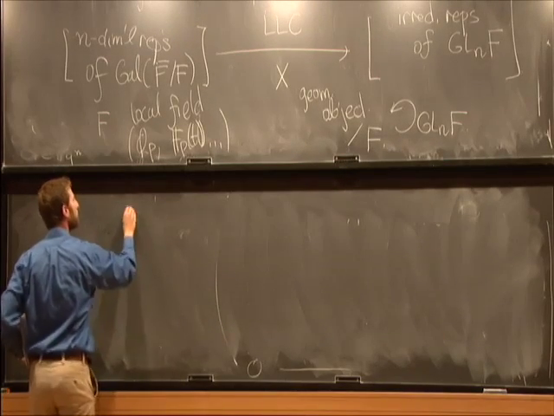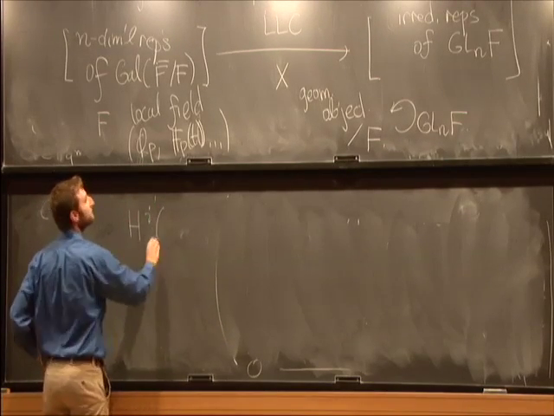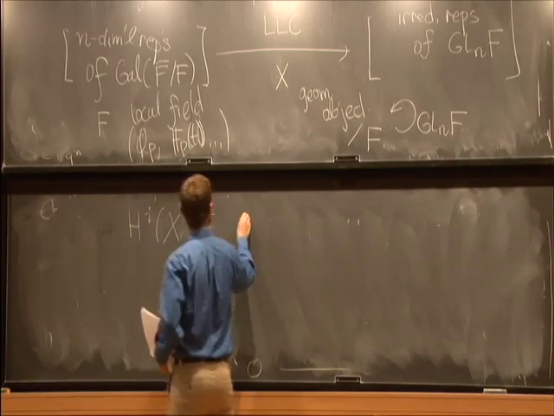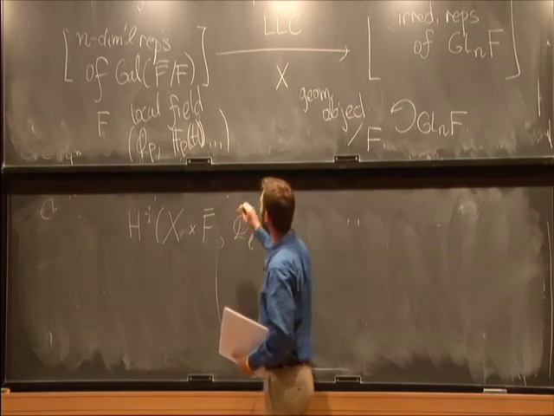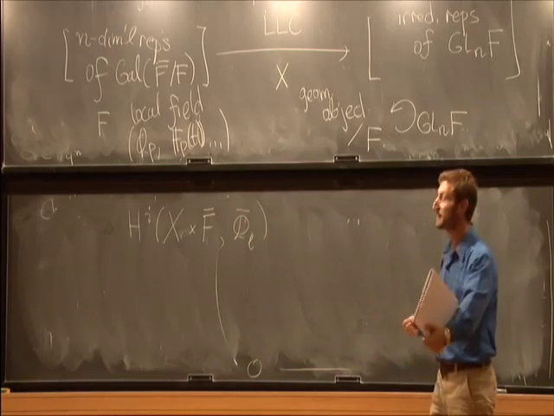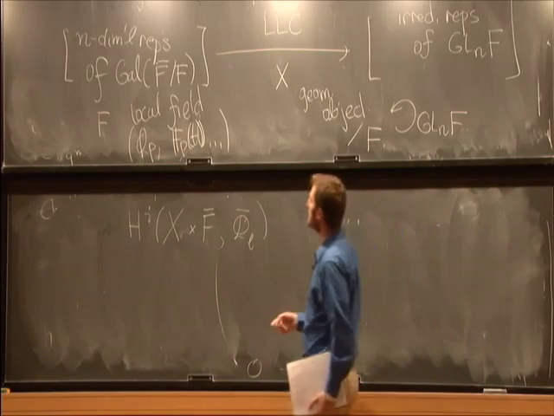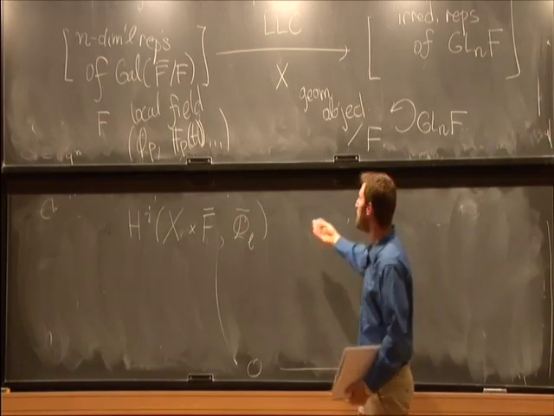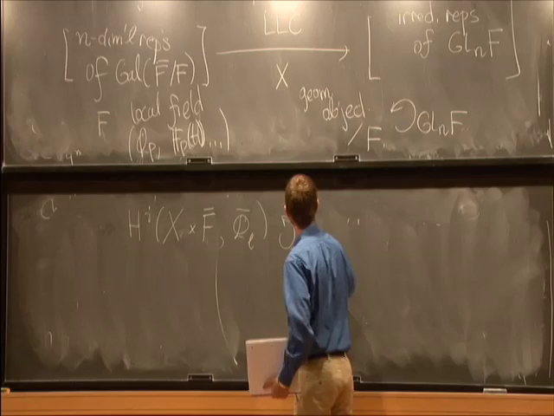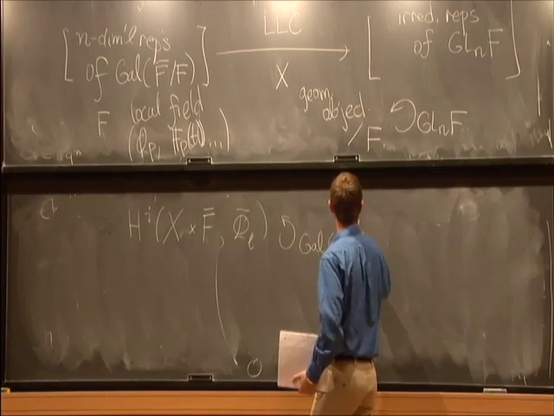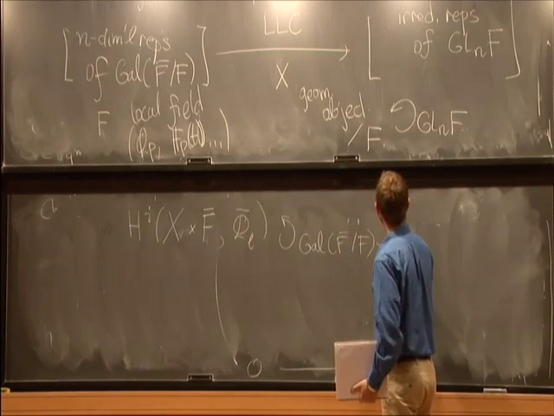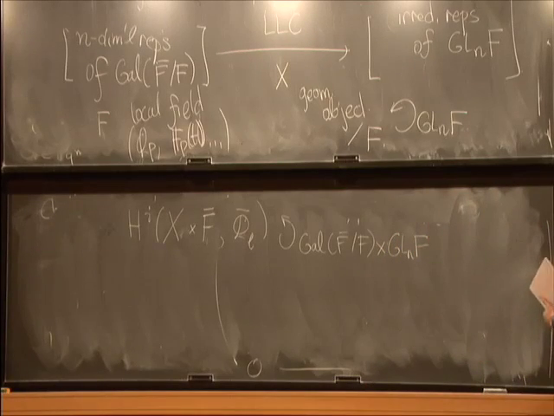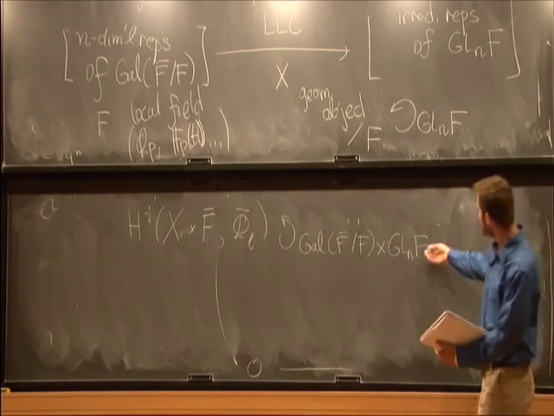And if I consider the cohomology of that thing, H^i of X, but I have to base extend to F bar. And it's going to be l-adic cohomology because I want to preserve the arithmetic character of this calculation. So now that I've base extended, the thing has an action of the Galois group F bar over F, and an action of GL n F. And so I've kind of linearized the problem, linearized the actions.